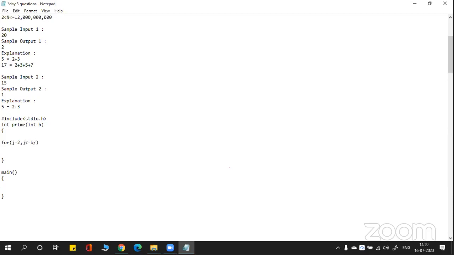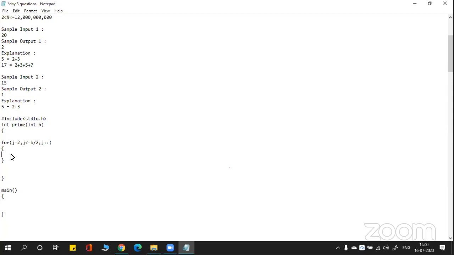Can anyone tell me why I'm checking only up to half of that number? This is just prime number logic. If I want to check whether a number is prime or not, generally I should start from 1 and check up to the n value.